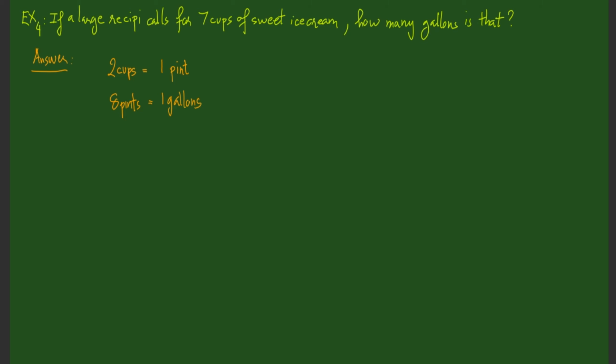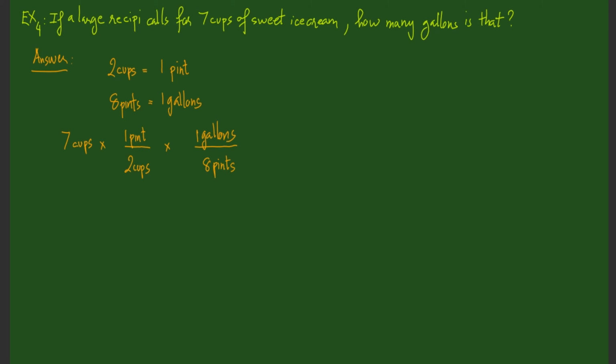So we start with 7 cups multiplied by a conversion factor. We need to cancel the cup, so we use 1 pint over 2 cups. Then you multiply by 1 gallon over 8 pints.